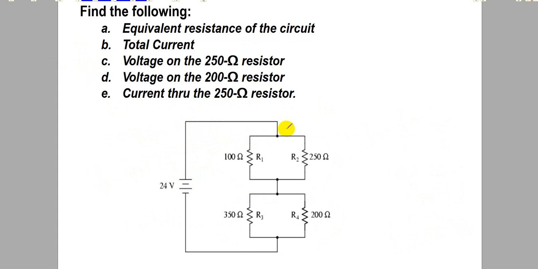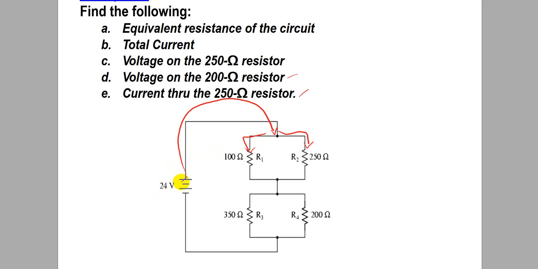Next, we will look at the voltage drop for these resistors. For this one, 24. When 24 goes into a parallel circuit, the voltage in parallel will be the same.